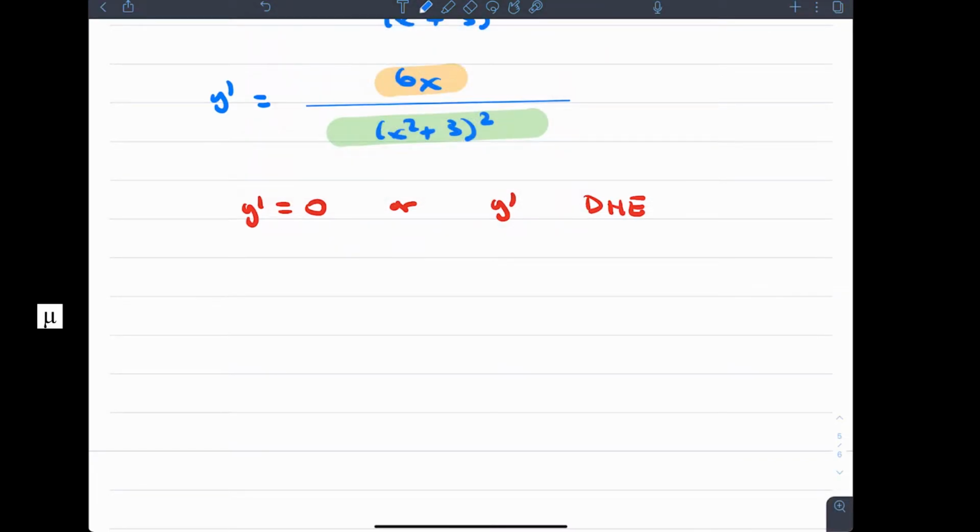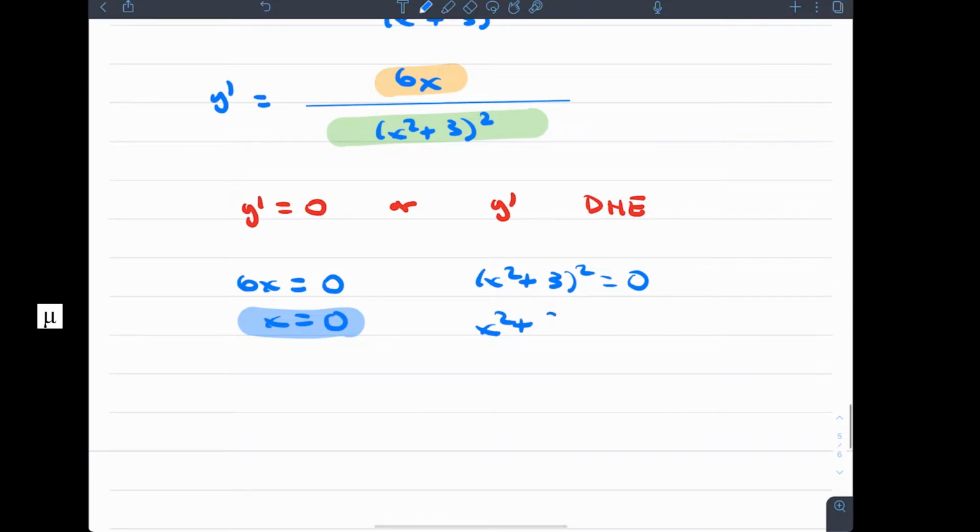What does that now mean? 6x is 0 or x is what? 0. 0 divided by 6 is 0, right? So I got a critical value. And then, what do you have? X squared plus 3 squared is 0. What does that mean? X squared plus 3 is 0.